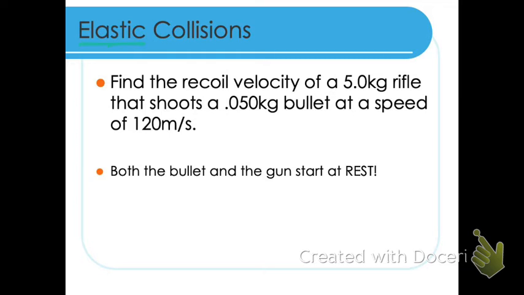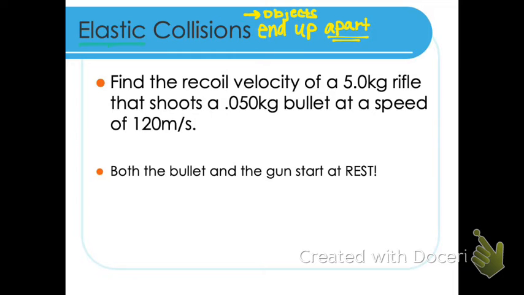Elastic collisions is when the things, whatever they are, the objects, end up apart. Okay, they end up separated. Sometimes when things collide, they collide and stick together and move in a certain direction. An elastic collision means they collide and then they end up apart, right? They could end up moving in the same direction, but they're still separate objects, okay?